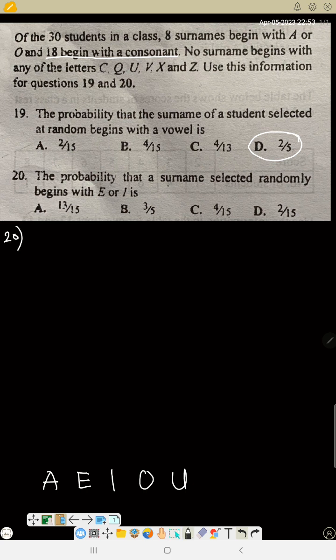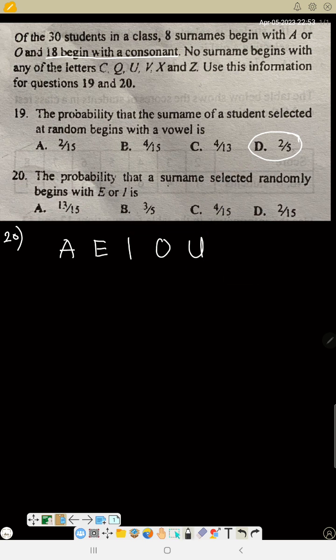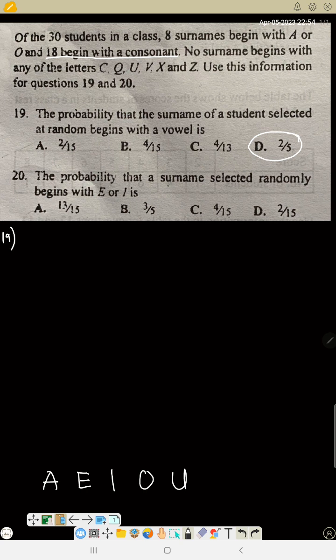Number 20: the probability that a surname selected randomly begins with E or I. Remember, vowels are A, E, I, O, U. But according to the question, no surname begins with C, Q, U, V. So if I'm considering the vowels, I will remove U because no surname begins with U. I'm not considering the consonants, because there are just 30 students and they told us 18 begin with consonants.